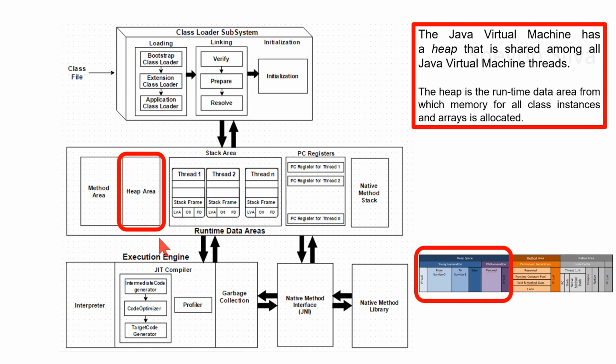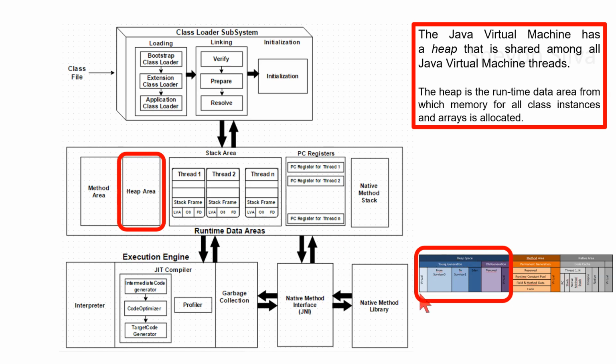Heap area. The Java virtual machine has a heap that is shared among all Java virtual machine threads. The heap is the runtime data area from which memory for all the classes, class instances, and arrays is allocated.